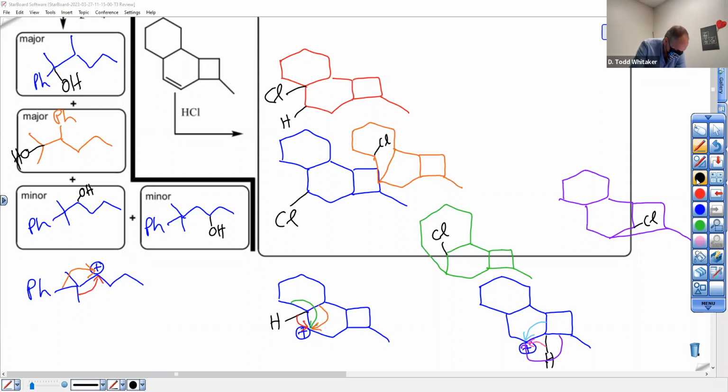Of course, we should have done blue. Blue is unrearranged. It's the easy one. Do the blue one first, please. And the Cl is here. No rearrangement for blue. But the black one will be black.